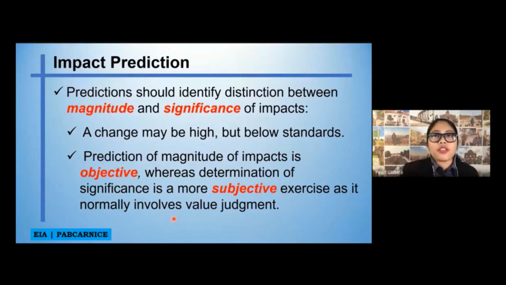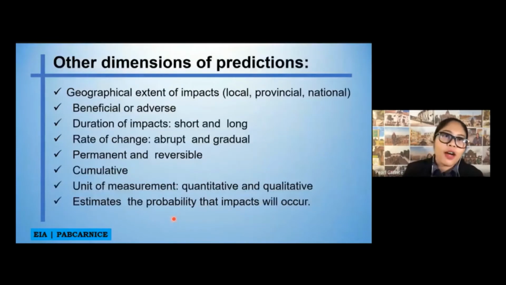So other dimensions of predictions, we have geographical extent of impacts. For example, we have local, provincial, and national. We also have beneficial or adverse, because there are impacts that are beneficial and there are impacts that are adverse. So it could negatively affect the community or the environment itself.